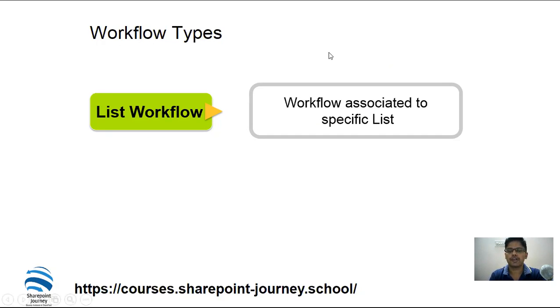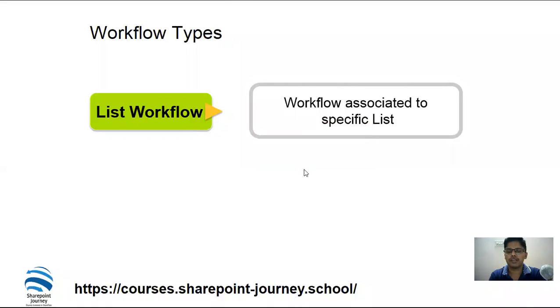Now what you can do is create a workflow, and whenever someone adds an item, let's say I apply for a leave request, then as soon as I add an item, that will send an email to my manager. So in this case, I can build a list workflow and associate that list workflow with a specific list.